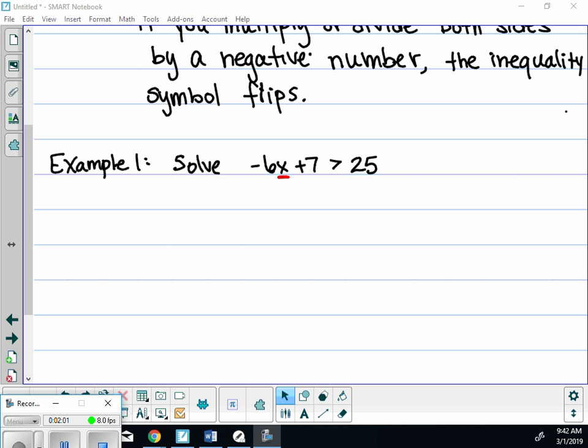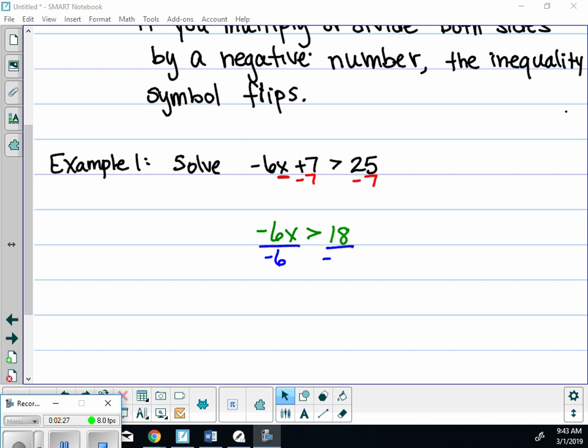So our first step is subtract 7, which leaves us with negative 6x greater than 18, since 25 minus 7 is 18. And then what do we do?